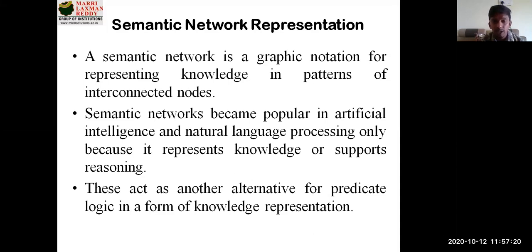It is a popular method in AI and natural language processing because it represents knowledge and supports proper reasoning. These act as an alternate approach to predicate logic for knowledge representation.